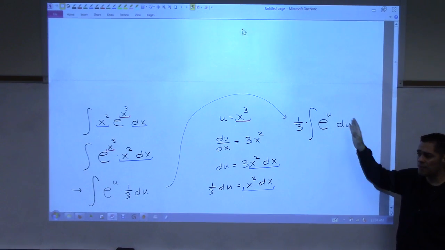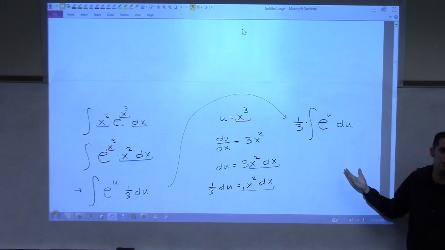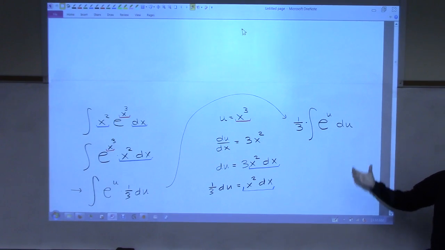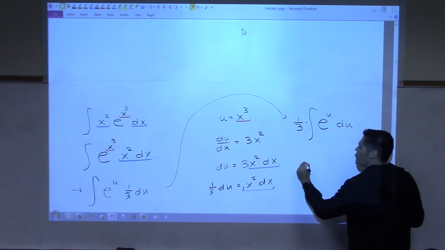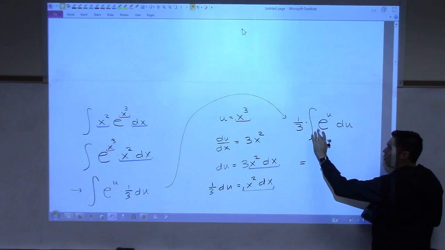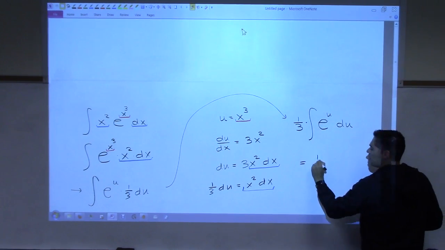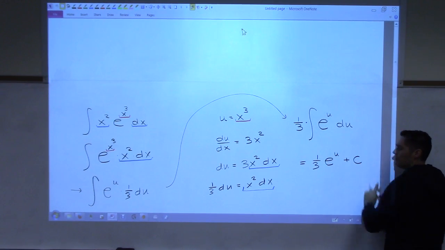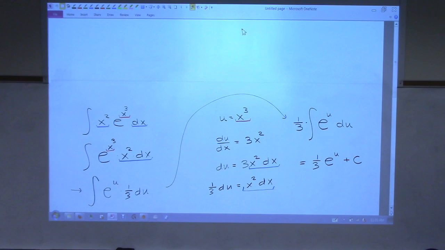The antiderivative of e to the u is e to the u plus a constant. But I have a 1/3 out there that needs to come with me. So at this point, the integral sign goes away, the du goes away. I just have 1/3 e to the u plus a constant. And then the last step would be to substitute back in, what was u?